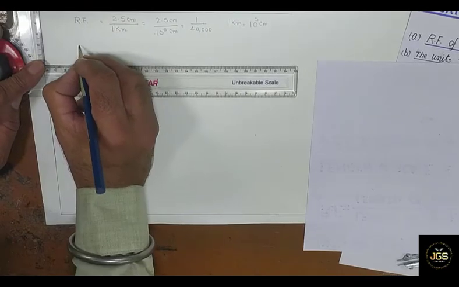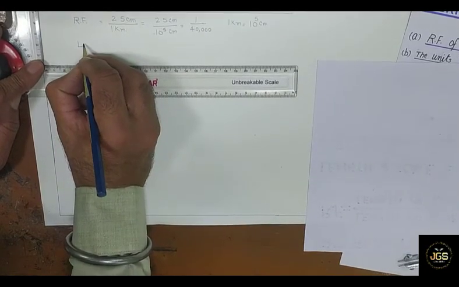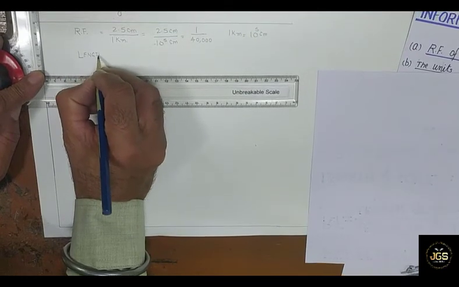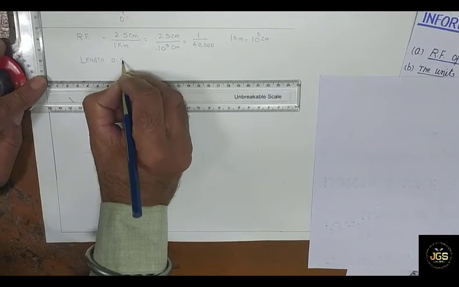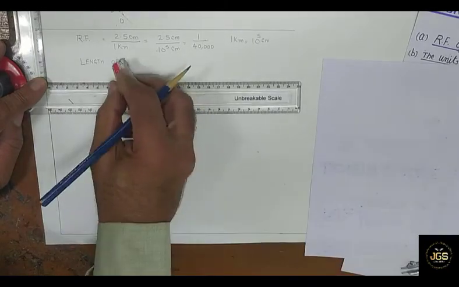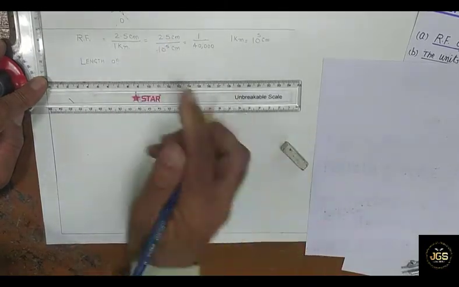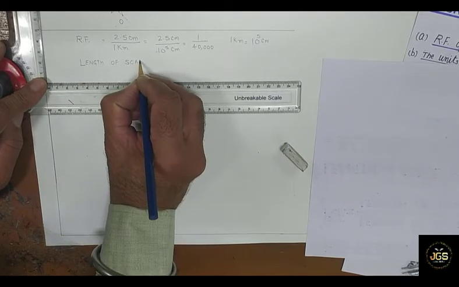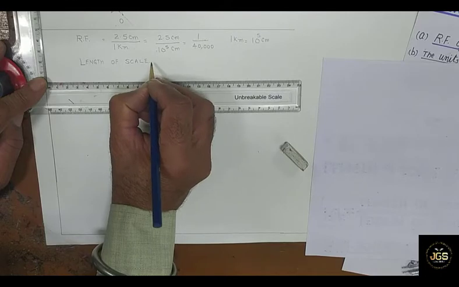Then we are going to calculate length of scale. Length of scale is given by the formula, again, RF into maximum distance to be measured.